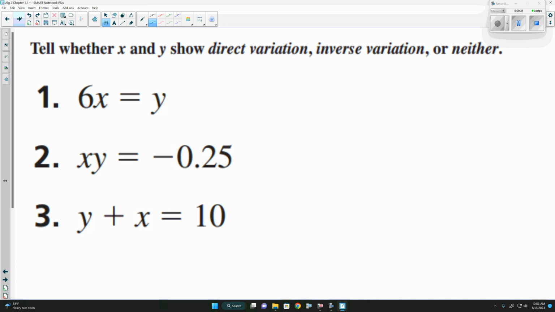Let's look at the next 3. 6x equals y. Direct, inverse, or neither? Yes. Because it's coming in the form of y equals a times x. We really could say x is equal to a times y.